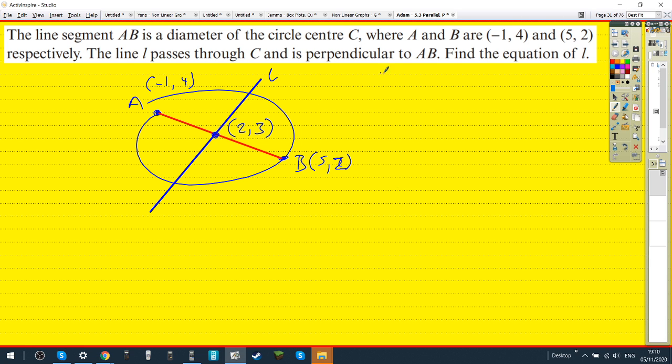We need to use that. Yep. And then do we need to work out the gradient first? Yep.